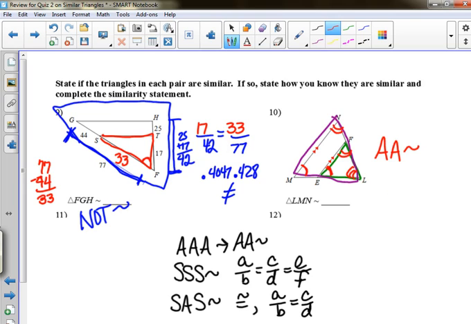Now, the last quiz did not go well for some reason, because you didn't pay enough attention to what's going on. You have to use the same order, okay? If they did the big triangle from L, left to M, and up to N, you have to name the little triangle from the same corner L, left to E, and up to F, I think is what that says.